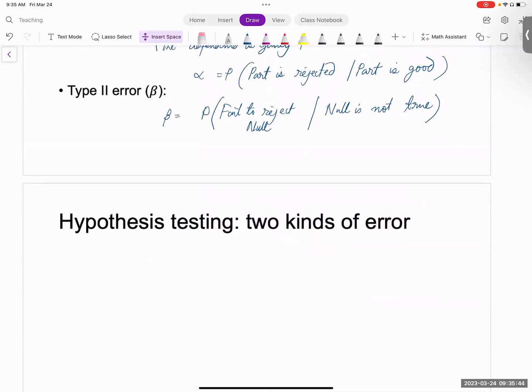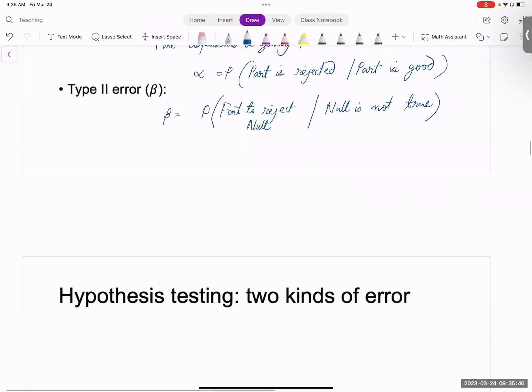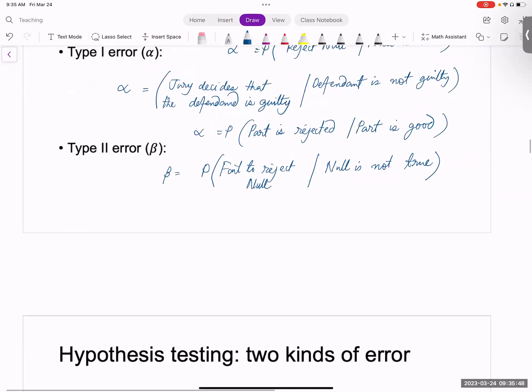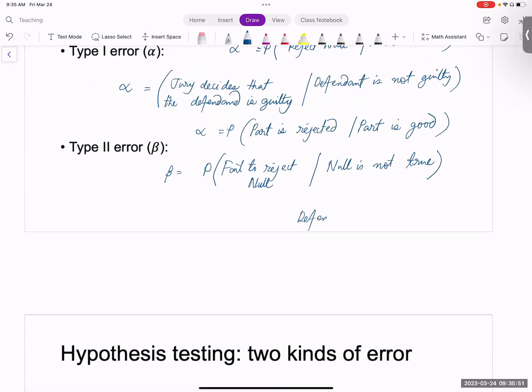Let me create some space here. Okay, so the defendant example: let's say the defendant is in fact guilty. Null is not true, right? Let's say the defendant is guilty and still the jury decides that the defendant is not guilty.